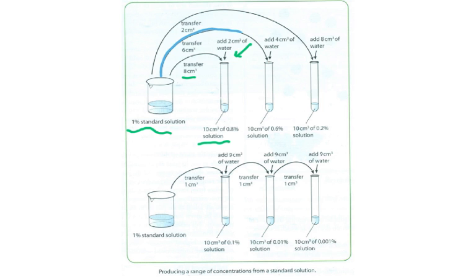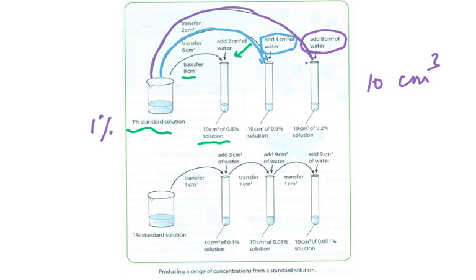You've added 6 cm here, and you've added 4 cm of water to it. And then in this one you have added 2 cm, and then you've added 8. So totally all of them have 10 cm cube of fluid in it. This is a 1%. This is a 0.8%. This is a 0.6%. This is a 0.2%.